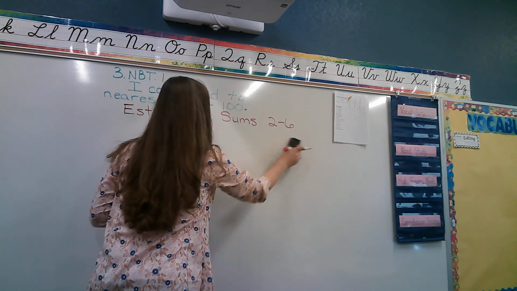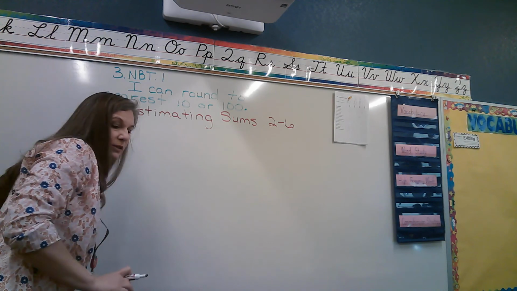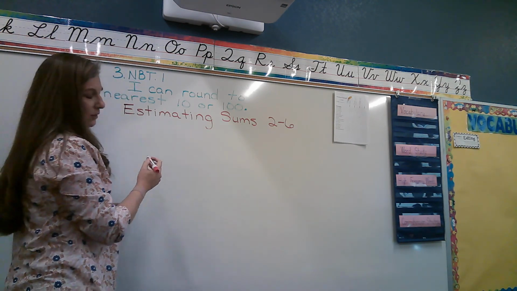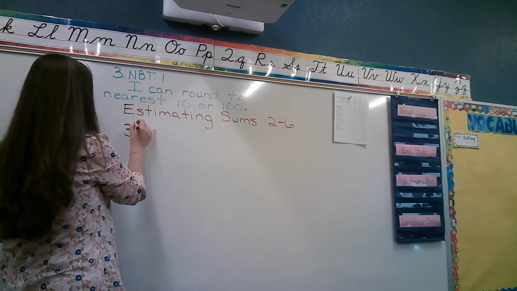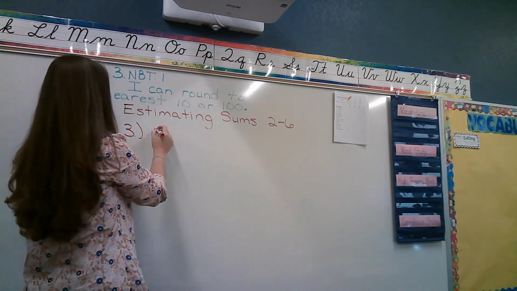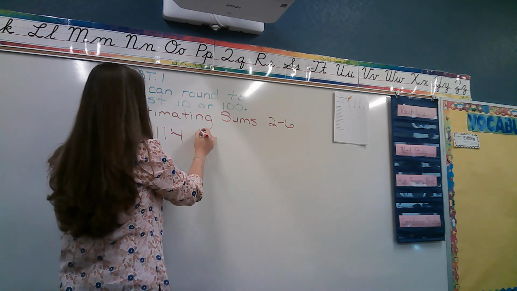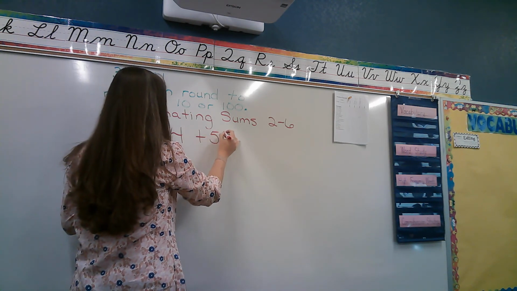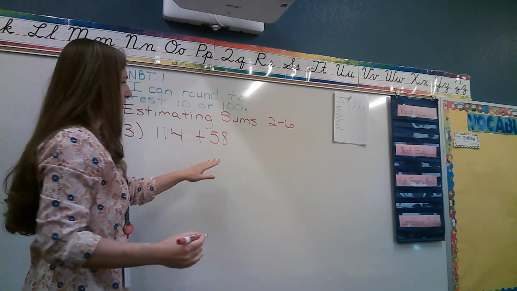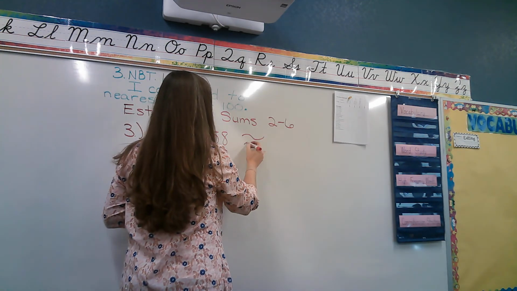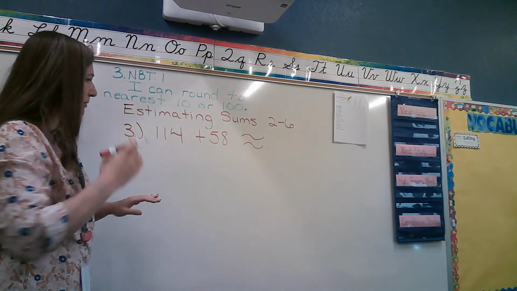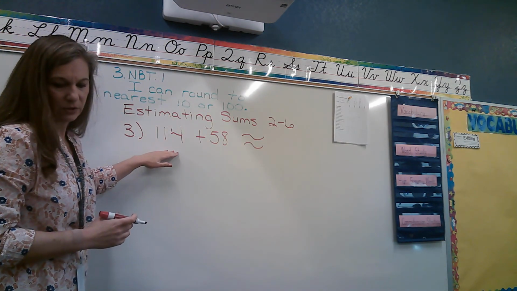So looking at number 3, we're rounding to the closest 100, and we have the expression of 114, and we're adding to that 58 more. So we put our estimation symbol here. It's about.